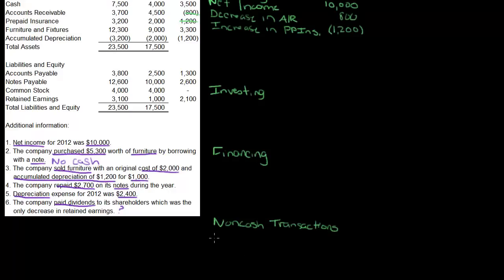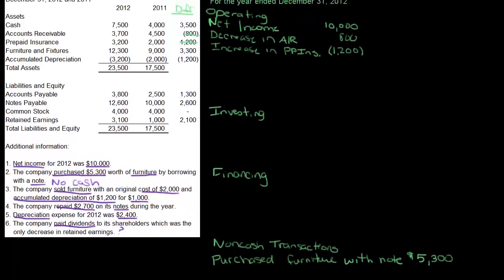So I'm going to say purchase furniture with note, with the note payable, and that is $5,300. Essentially all we're doing is putting in a disclosure, so that our readers, when they're looking at the differences, won't say, wait a minute, your furniture went up, but why isn't that in the cash flow statement?